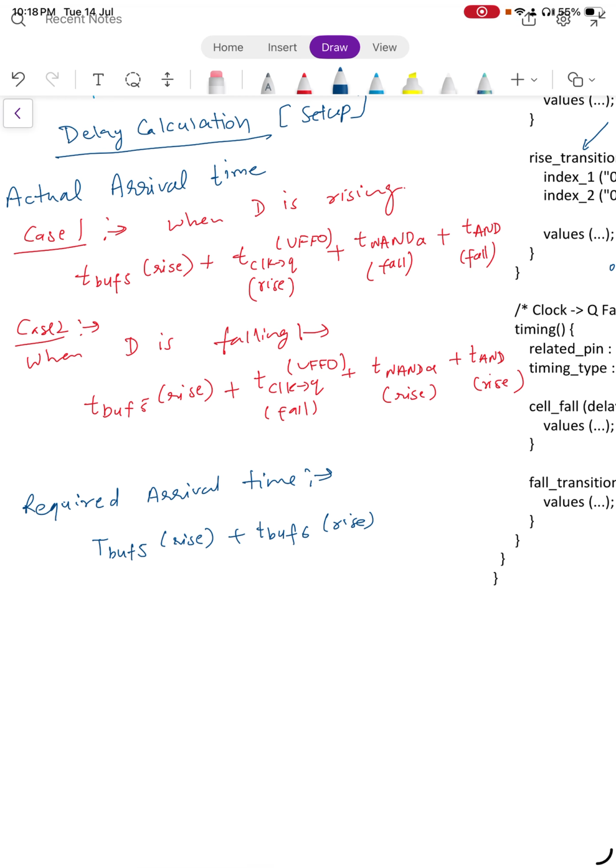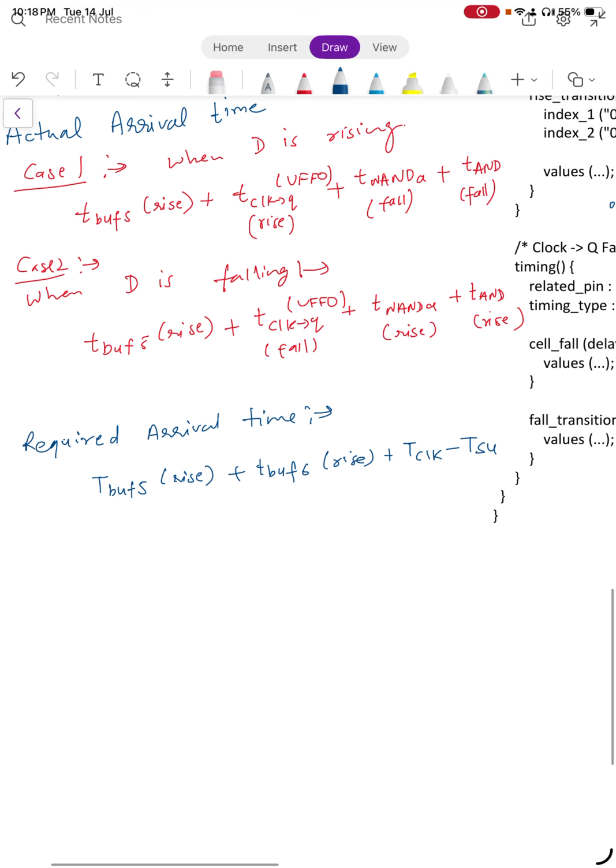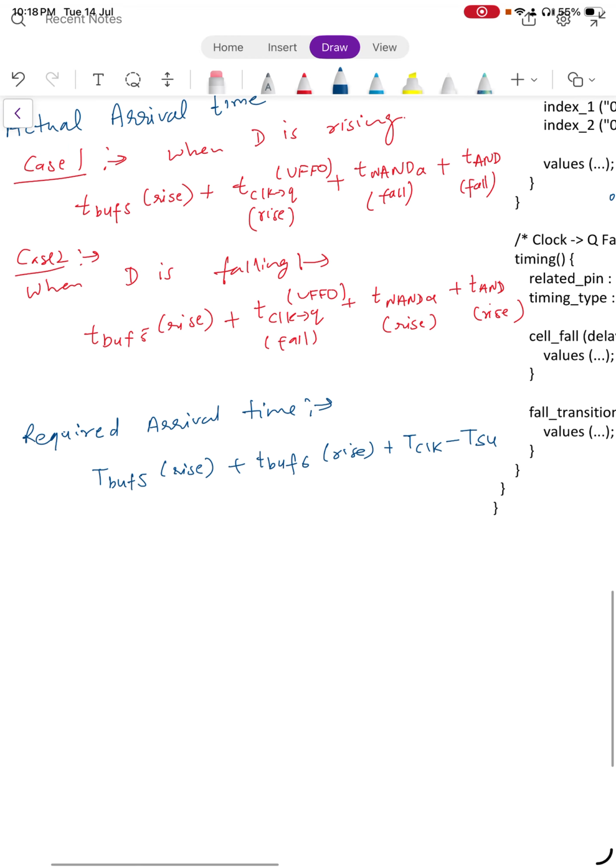Then we have TCLK minus T setup. That means we have this capture edge, so the data must be stable at this point, before TCLK minus T setup.